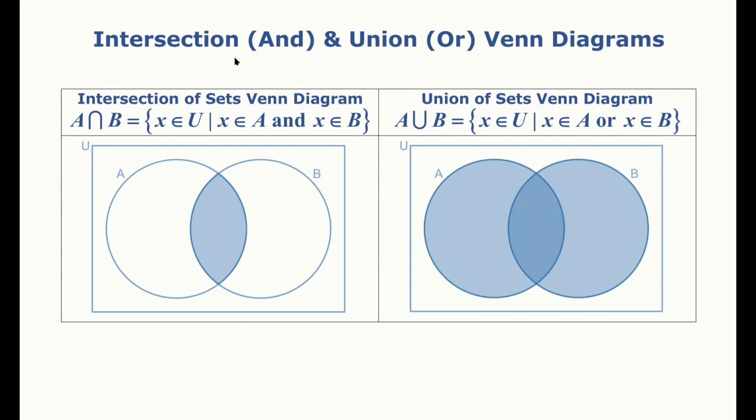Another way that we can appreciate the difference between and or is by looking at their set theoretic operations that utilize the concept of and or. The first one we'll look at is what we mean by the intersection of sets.